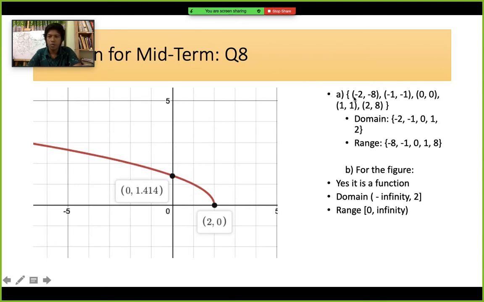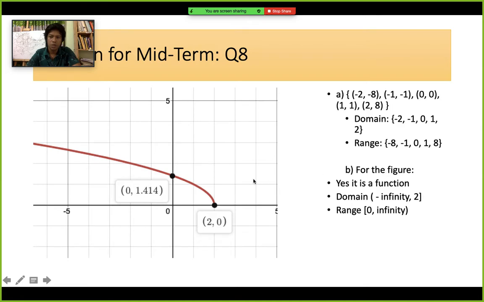But here all are good. See, -2, -1, 0, 1 and 2, all the x values are different, so you are safe to say that this is a function. Domain is the x values of the function, range is the y values of the function.